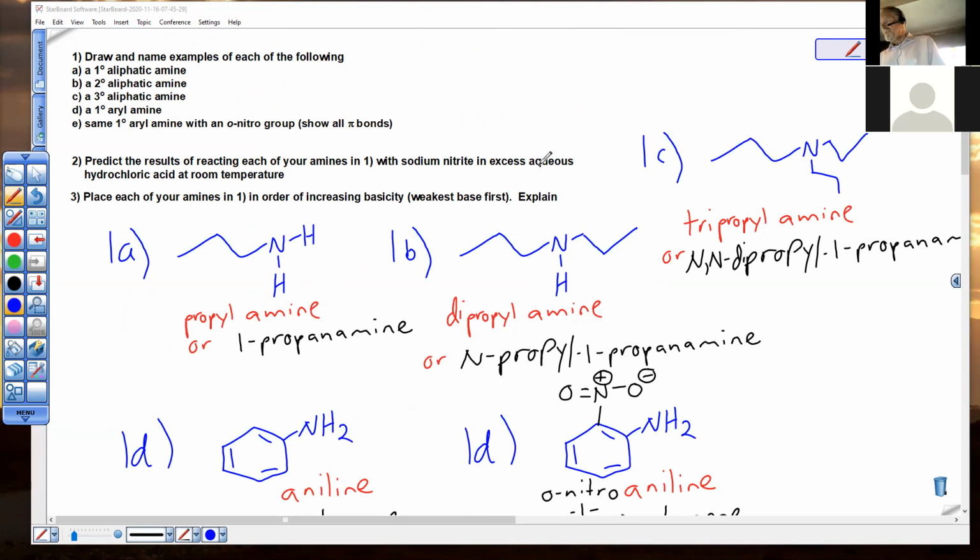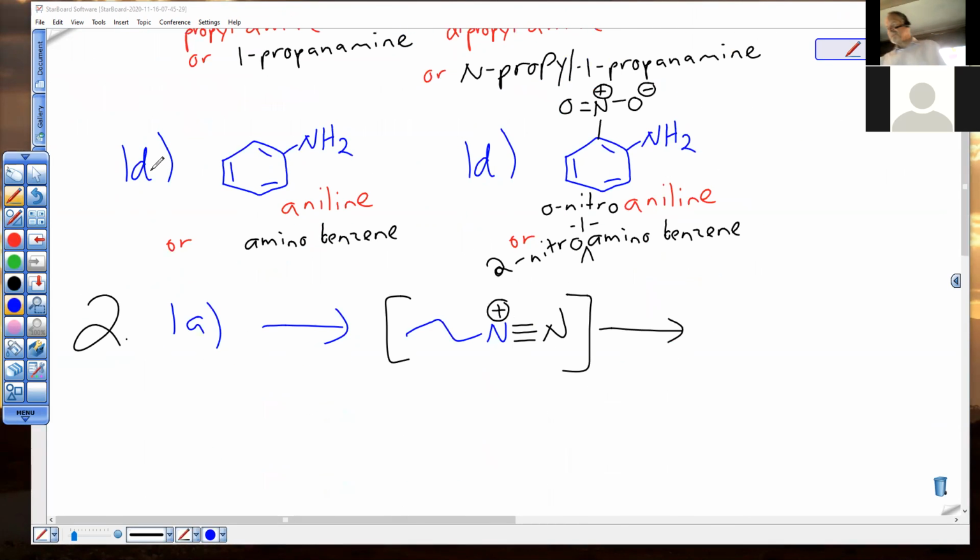Excess aqueous, there's water present. Hydrochloric acid, which means there's Cl minus present. You get some SN2 products because you have an excellent leaving group. So you get that. You get this.